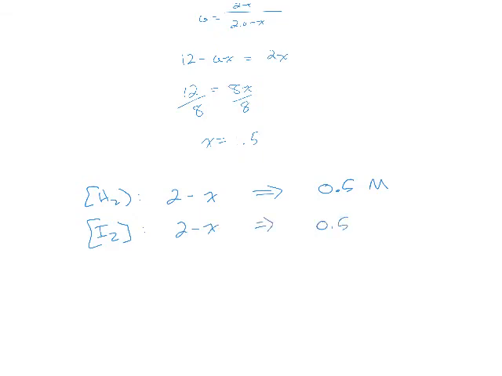It ends up with a concentration of half a mole. And hydrogen iodide is supposed to be 2x. So 2 times our x would give you a concentration of 3.0 mole. And if we follow the rules for significant figures, this should have 2, 2, and 2, because that's what we started with.